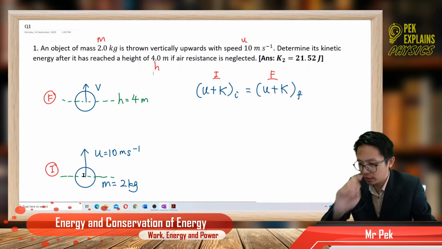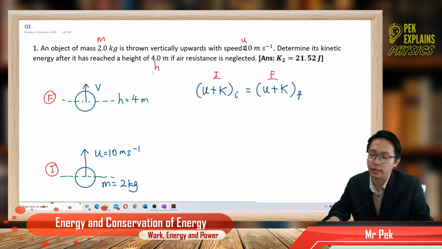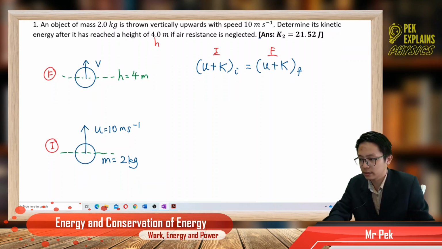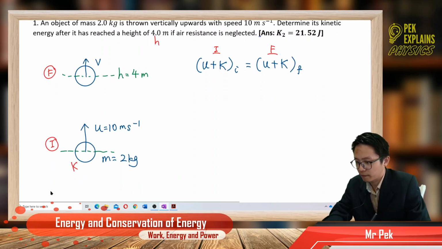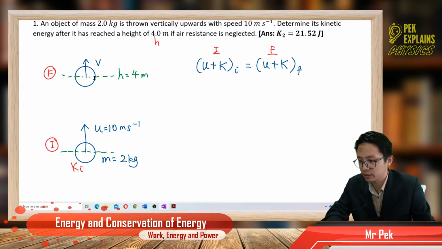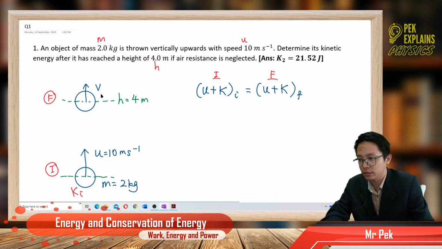So initially, what kind of energy does it have? Initially it has kinetic energy, because it has a certain speed. Now, after it goes upwards, finally what kind of energy does it have?